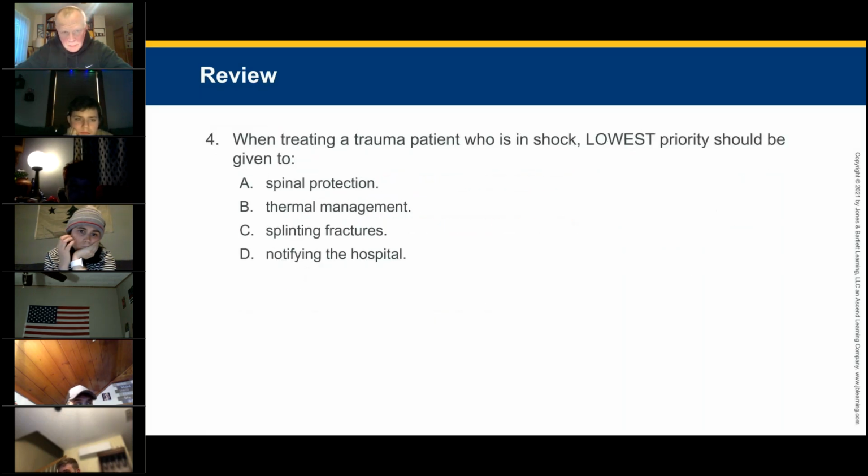When treating a trauma patient who's in shock, the lowest priority should be given to what? Good.